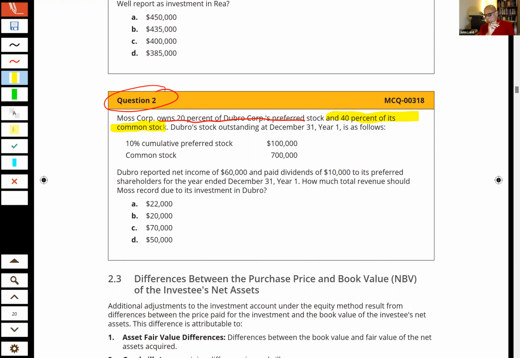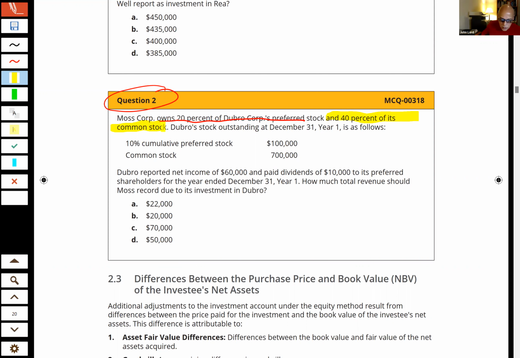By the way, the exam isn't going to have you at like 19.99999% to see if you know whether or not to use the equity method. They're going to put you well into the percentages for the rule of thumb. If you're below that, they still may say you exert significant influence, which of course means you should still use the equity method.